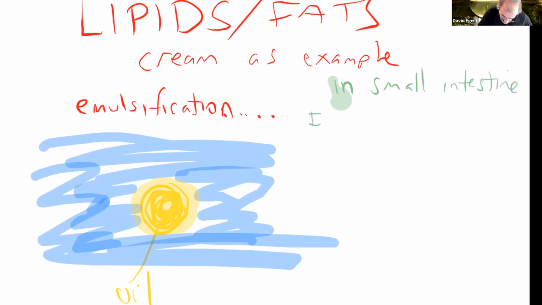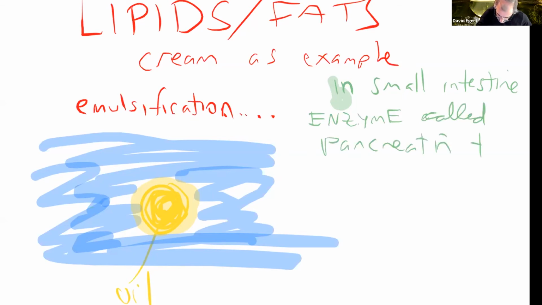There's an enzyme called pancreatin. That is a lipase, something that breaks apart lipids.